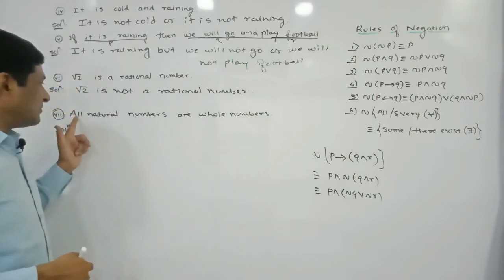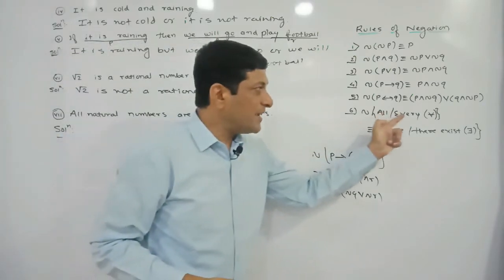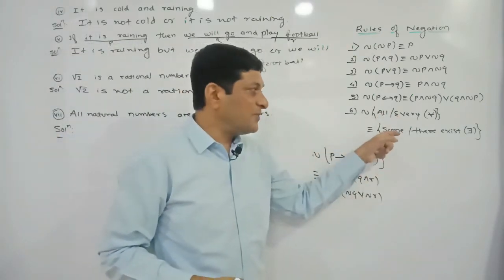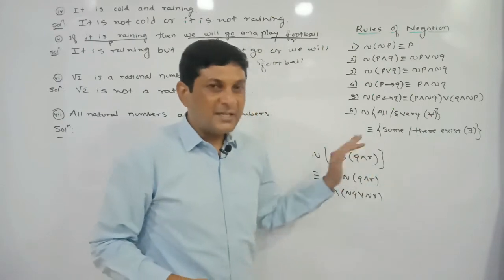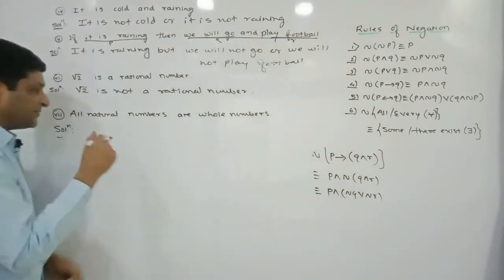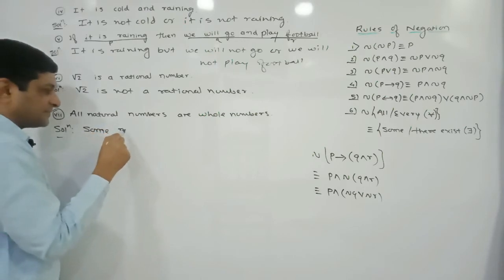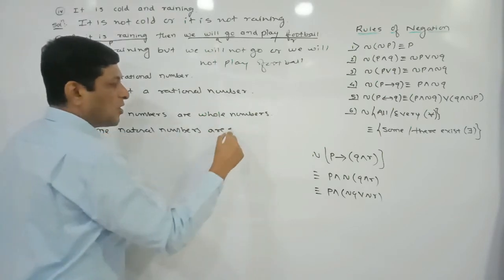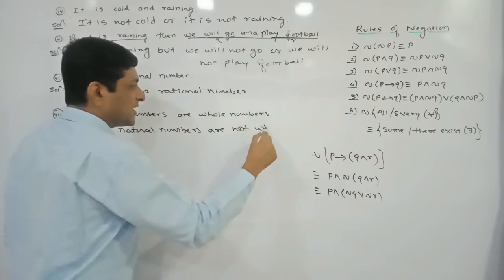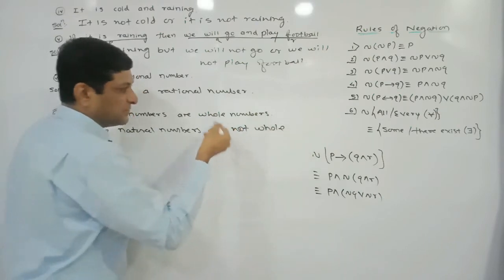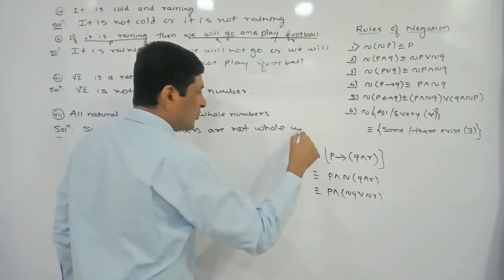So whenever the statement starts with all or every, its negation starts with what? Some, or there exists. If we write its solution in terms of some, what result will we get? Some natural numbers are not whole numbers. Not, because we are finding negation, so we have to use not whole numbers.